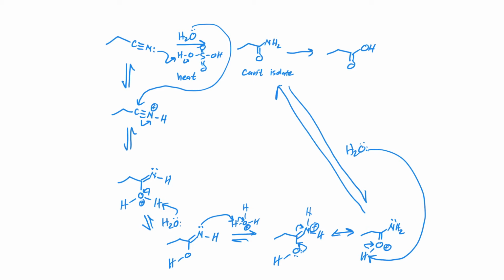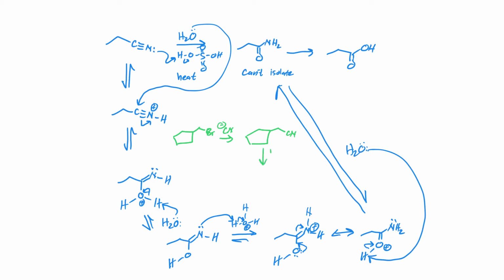So how is this useful? Well, I can probably summarize it a little bit in the center of my page here. So let's look at this option here. We could add cyanide to the primary alkyl bromide.